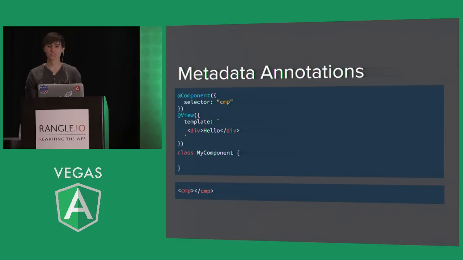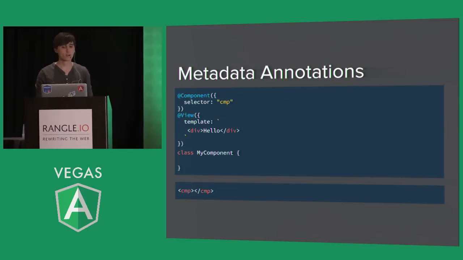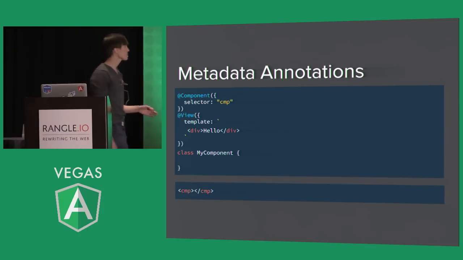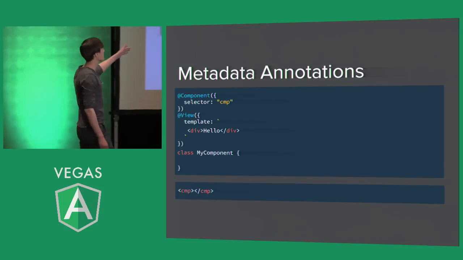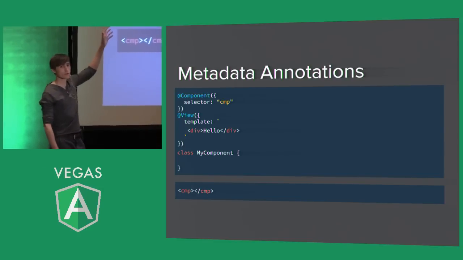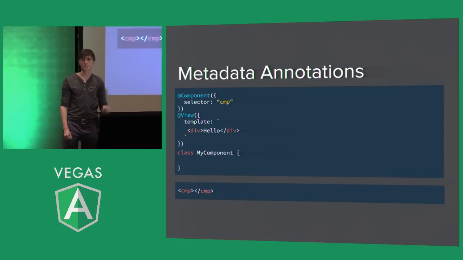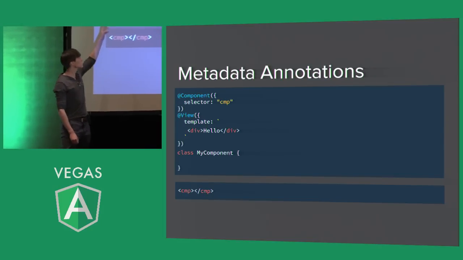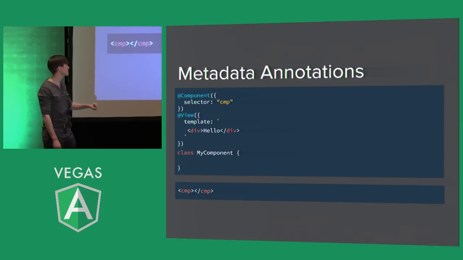But as far as annotations go in Angular 2, we call them metadata annotations. And all they really do is tell you more information about the class. We have our class of myComponent right here, and at the top, we're saying @Component selector CMP. All this does is say, Angular, this class is a component which has a CSS selector of CMP.